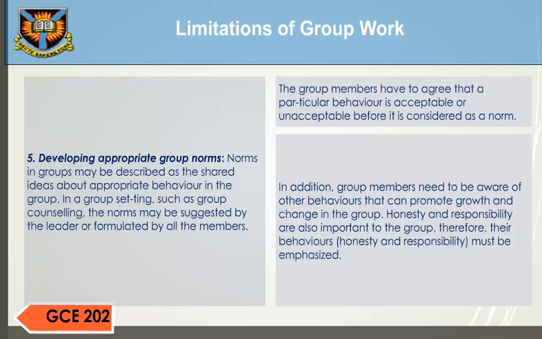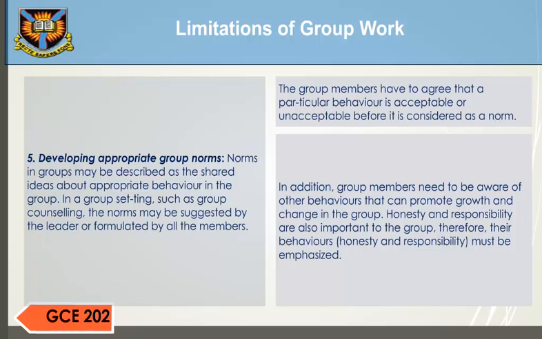Norms in groups may be described as the shared ideas about appropriate behavior in the group. In a group setting, such as group counseling, the norms will be suggested by the leader or formulated by all the members. The group members have to agree that a particular behavior is acceptable or unacceptable before it is considered as a norm.